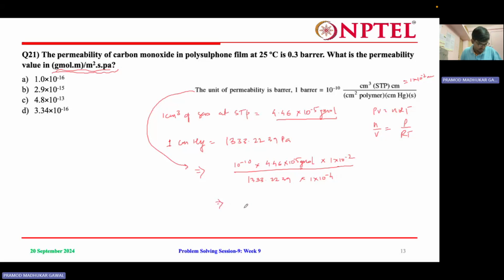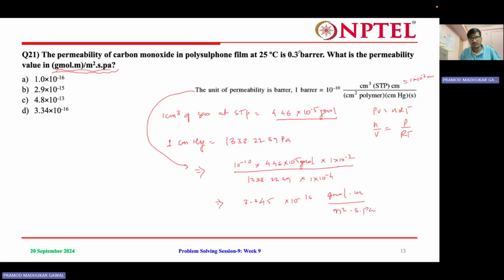Calculating, you will get 3.345 times 10 to the power minus 16. Unit is gram mole times meter divided by meter square times second times Pascal.